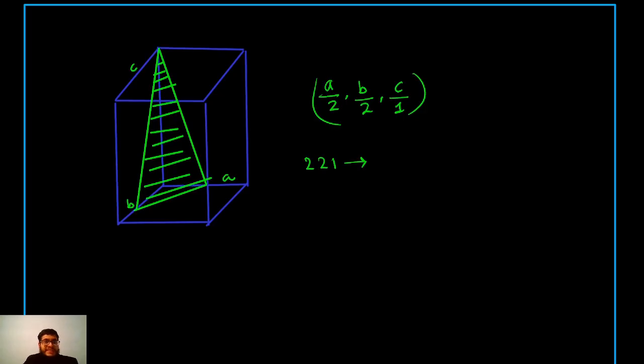Now we can see that this plane has some relation with the reciprocal lattice vector. Okay, so for example we define three vectors here. So what we hypothesize is that the reciprocal lattice vector is actually going to be perpendicular to this plane.